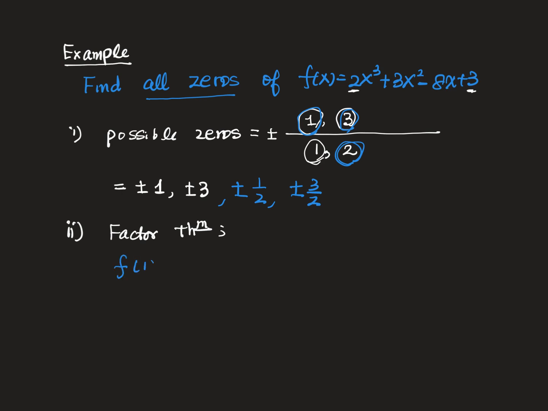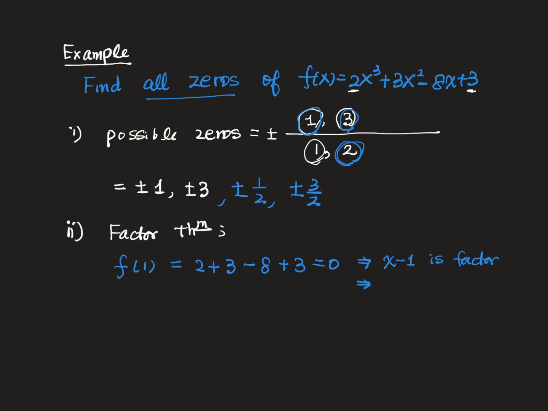F of 1. What is f of 1? Let's find this one first, guys, okay? F of 1, plug in 1 here. So 2 plus 3 minus 8 plus 3 equals 0. Then the factor theorem says x minus 1 is a factor.